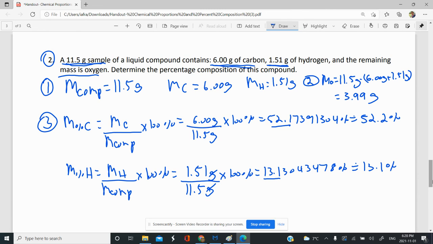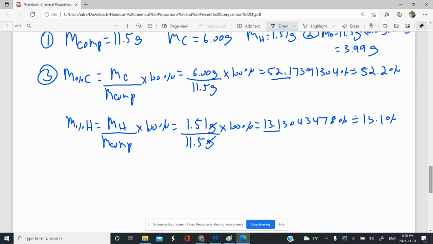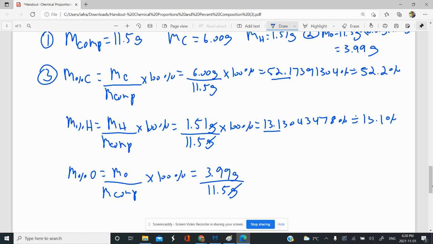for hydrogen. And then lastly, for oxygen, so mass percent of oxygen is equal to the mass of oxygen in the compound divided by the mass of the compound times 100%. And so that's going to be 3.99 grams over 11.5 grams.